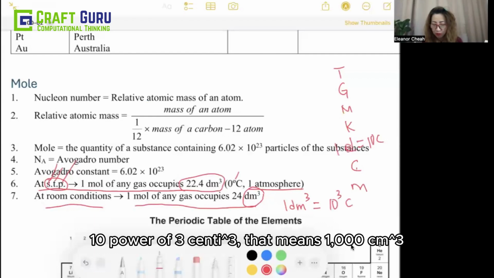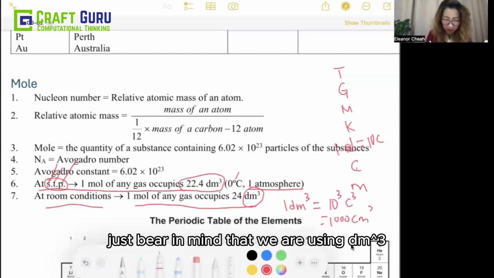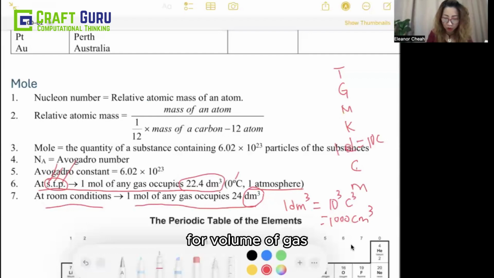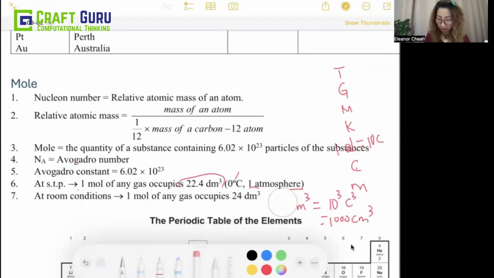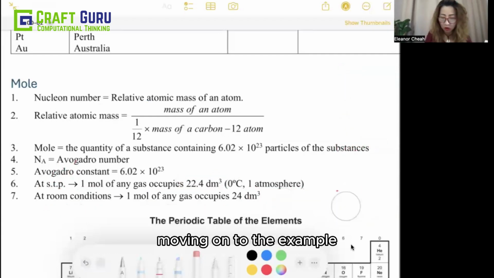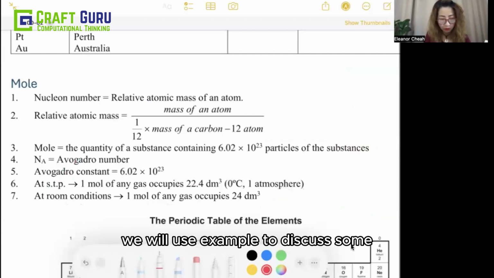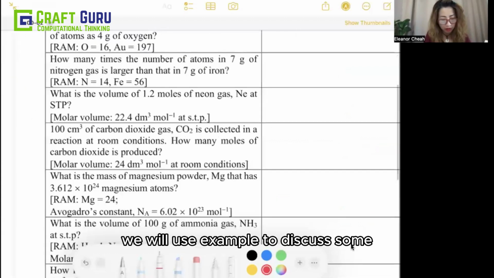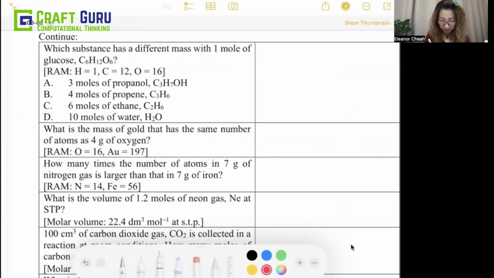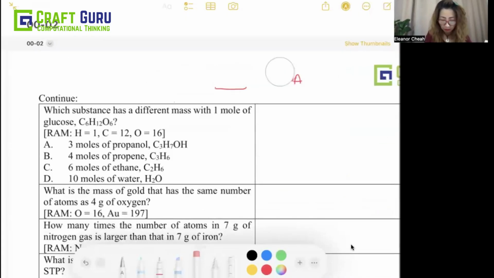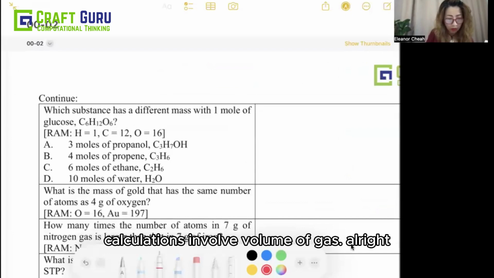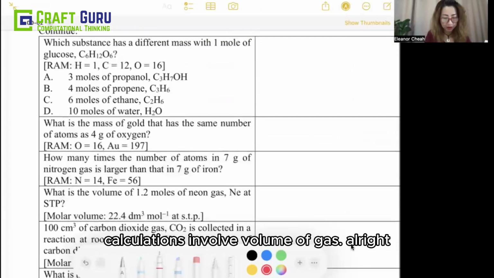That means 1000 cm³. Just bear in mind that we are using dm³ for volume of gas. Okay, moving on to the example. We will use examples to discuss some calculations involving volume of gas.